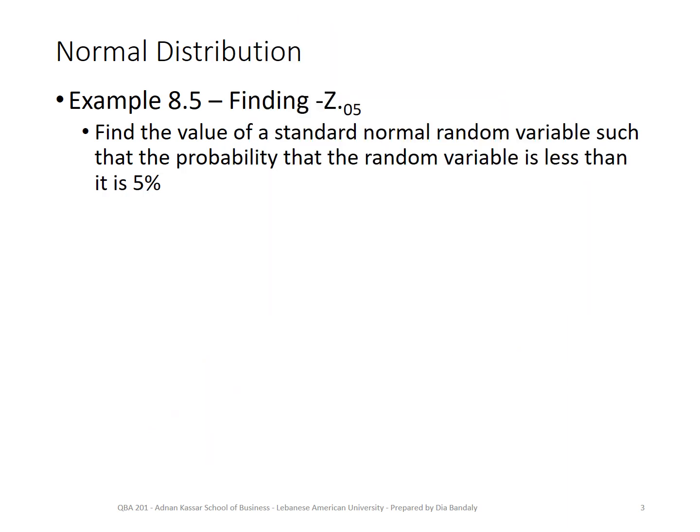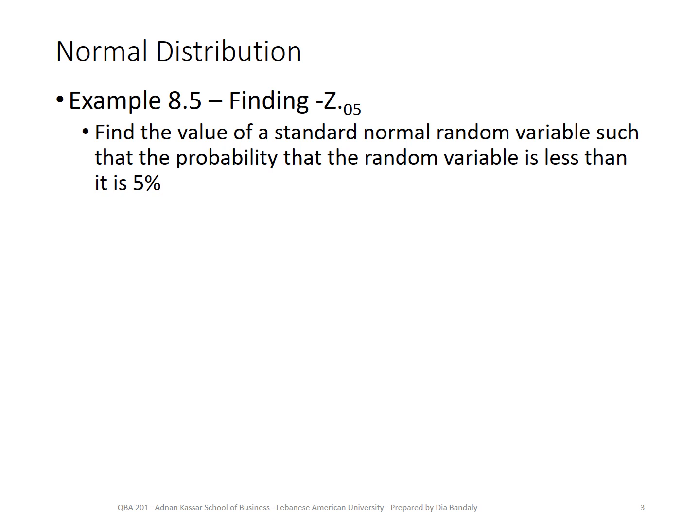This example is important because it emphasizes a very important characteristic of the Z table, or of the Z curve, or any PDF of a normal distribution, which is the symmetry around the mean. Okay, let me illustrate what I'm saying here.